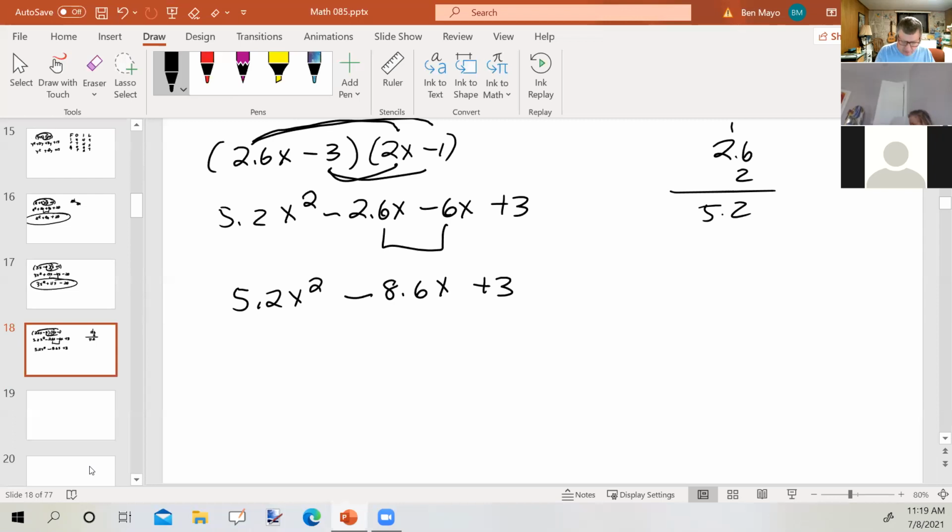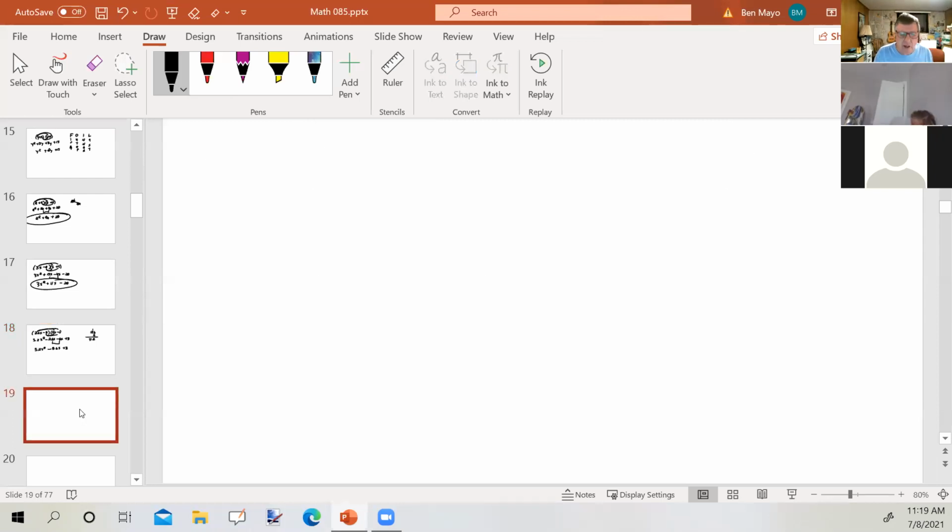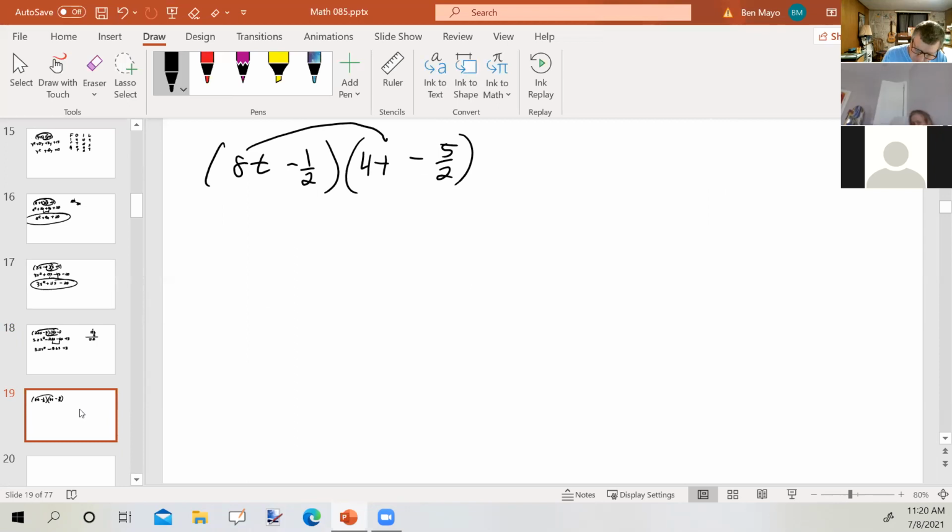Okay, let's look at one involving fractions. Just keep saying fractions are our friends. 8t minus 1/2 times 4t minus 5/2. 8t times 4t is 32t squared. 8t times minus 5/2, let's see, that would be minus 8t times 5/2.